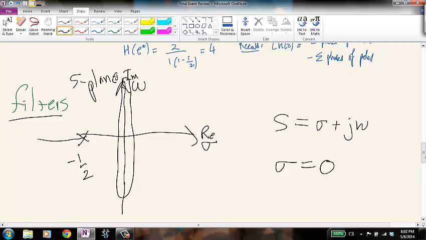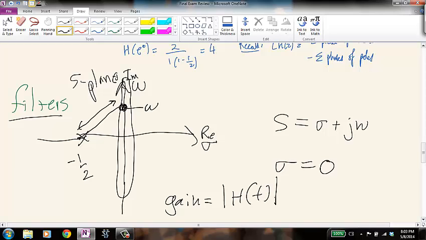Our frequency response, if we have some point omega on our axis, we draw a line to the pole or the 0, and the distance here is going to be the gain of our system at that frequency. And this angle here is going to be the phase of our system.